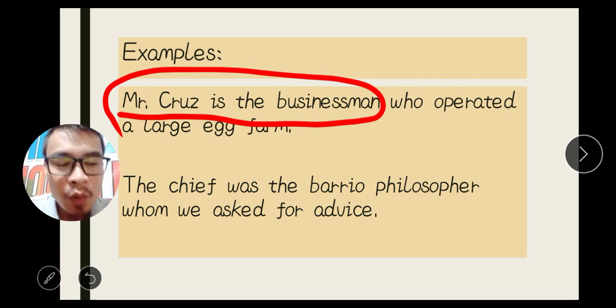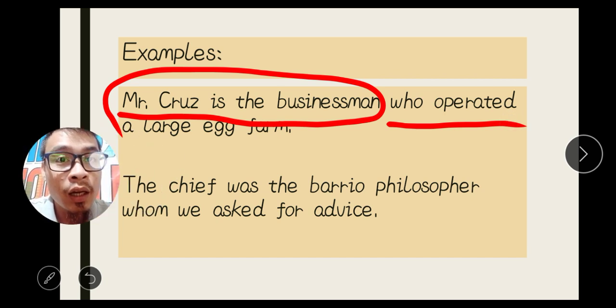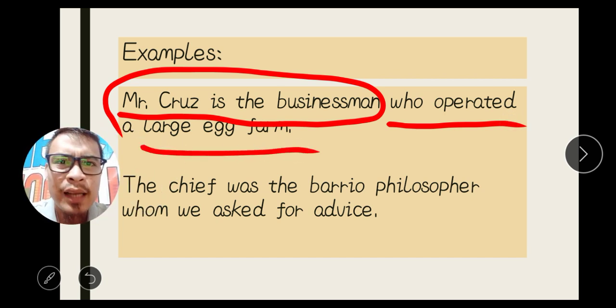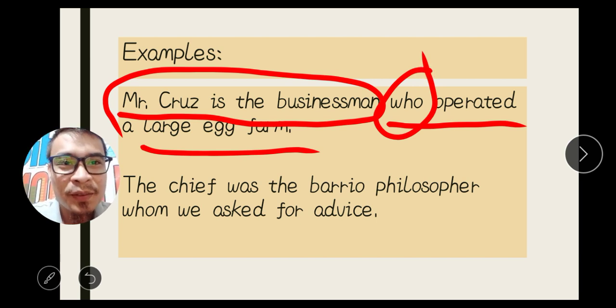So remember guys, that when we say independent, we can put a period after the sentence because it's a simple sentence. Mr. Cruz is the businessman, period. So independent. While in here, who operated the large egg farm, it is lacking. So it becomes now the subordinate, the dependent. And again, it has the presence of who, the relative pronoun.